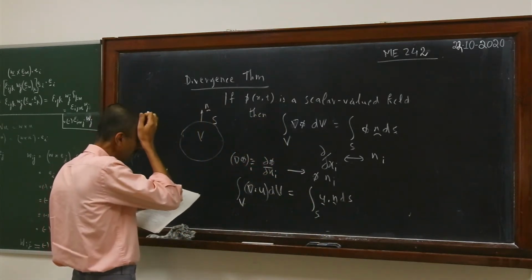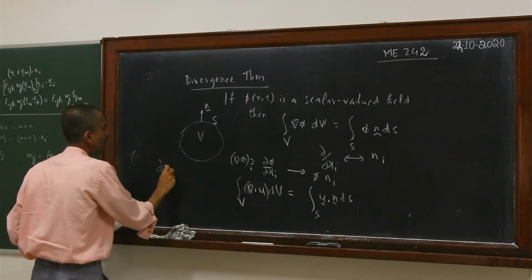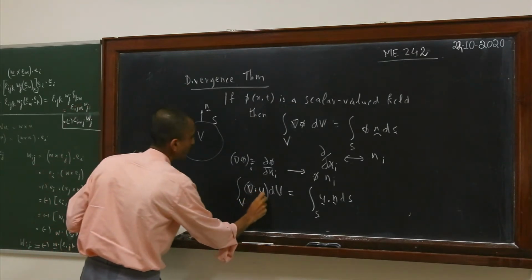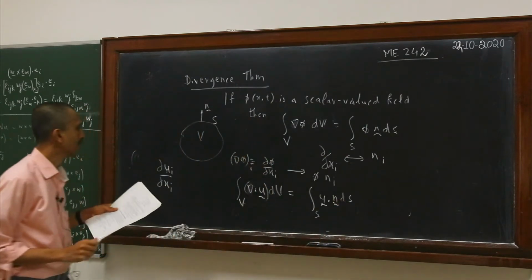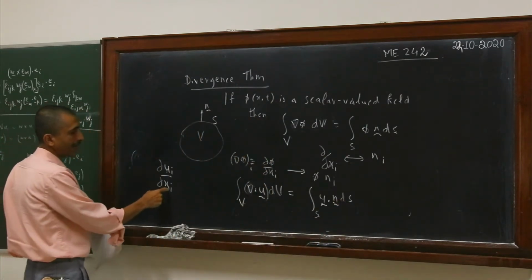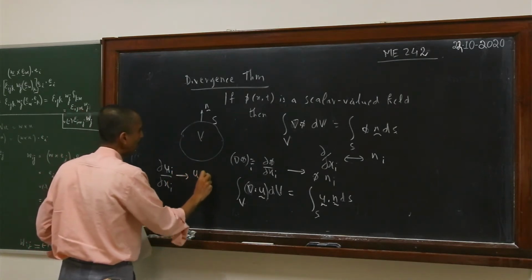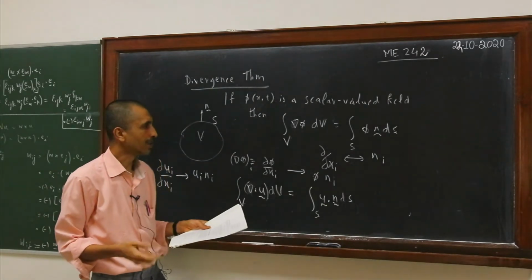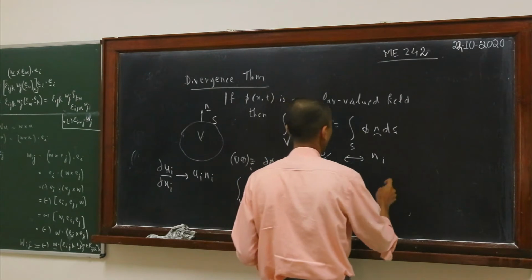So this del dot u can be written as del ui by del xi, right? Because u is a vector in this particular case. So I am putting the tilde below that to indicate that it is a vector. Now this del by del xi goes to ni, correct? So this goes to ui ni, correct? And ui ni is nothing but u dot n. So this way you can generate the results for lots of other cases also.